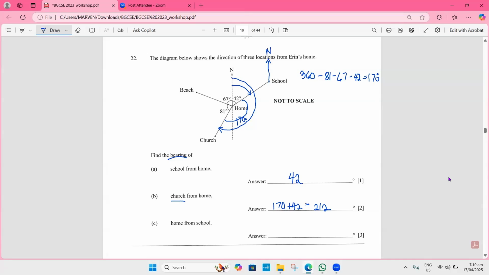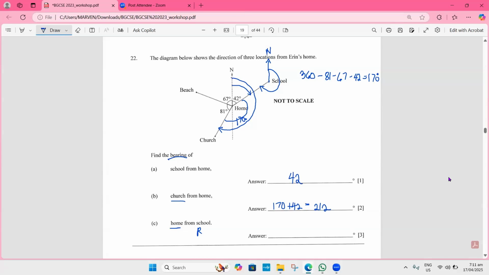And then we'll make an angle from north going to the home. The location is the home. The reference is the school. If we say find the bearing of the home from school, this angle is what we need.